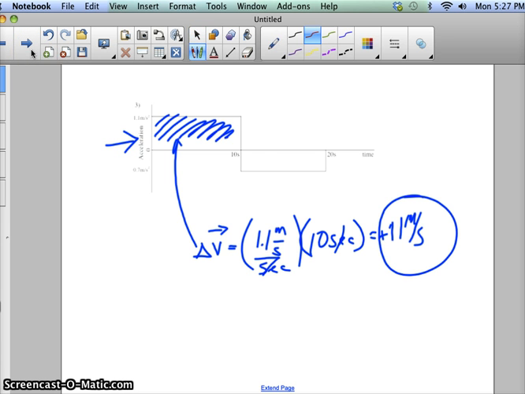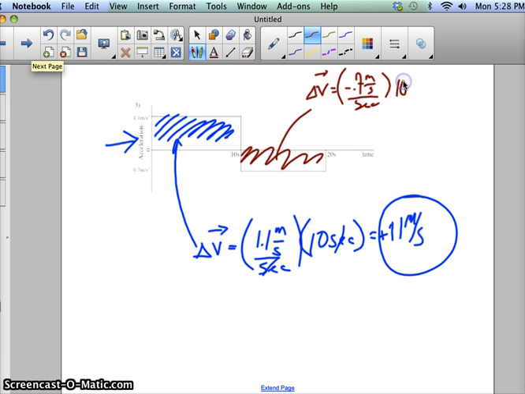Okay? In the last 10 seconds, our object changed velocity by a different amount. It's negative 0.7 meters per second squared times 10 seconds.